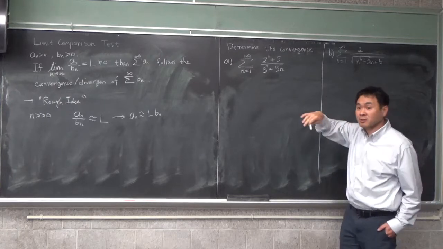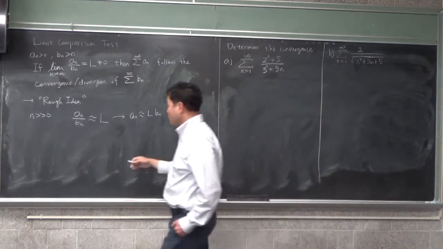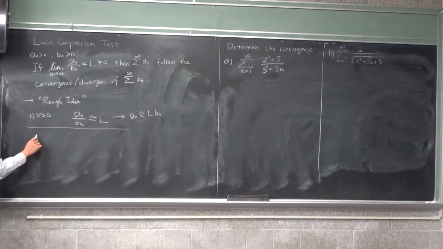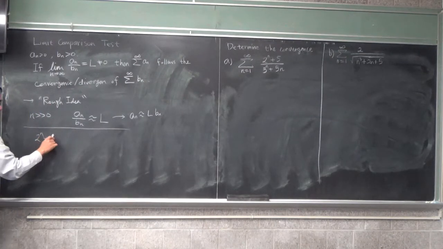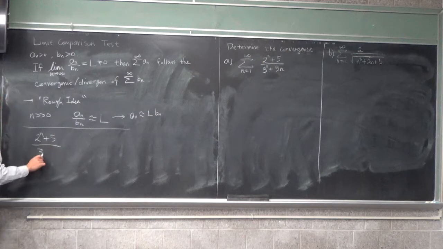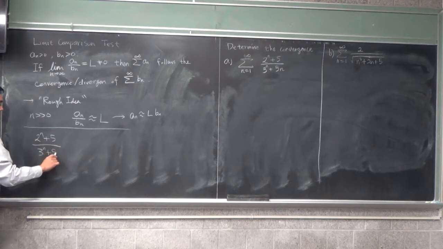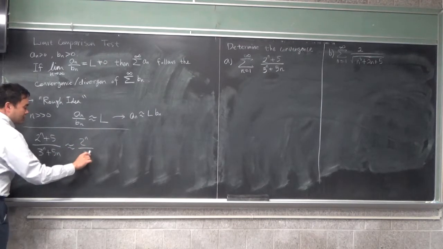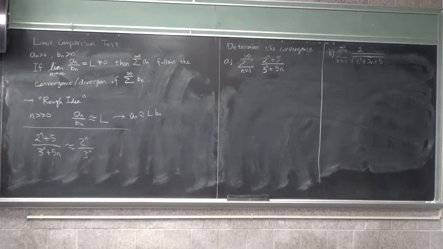Do you see that? Okay, so what I want to say is that in that example above, (2 to the n plus 5) over (3 to the n plus 5n) is pretty much like 2 to the n over 3 to the n when n is really large.